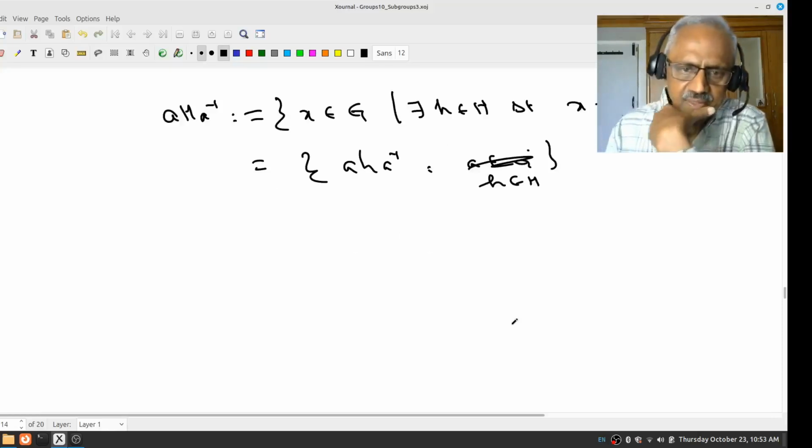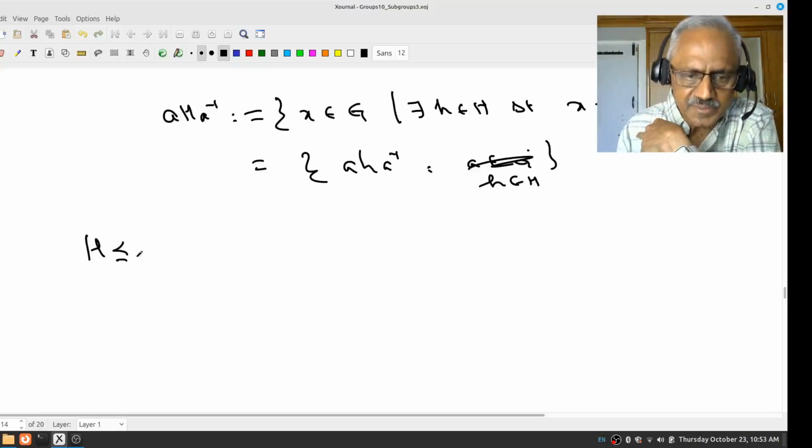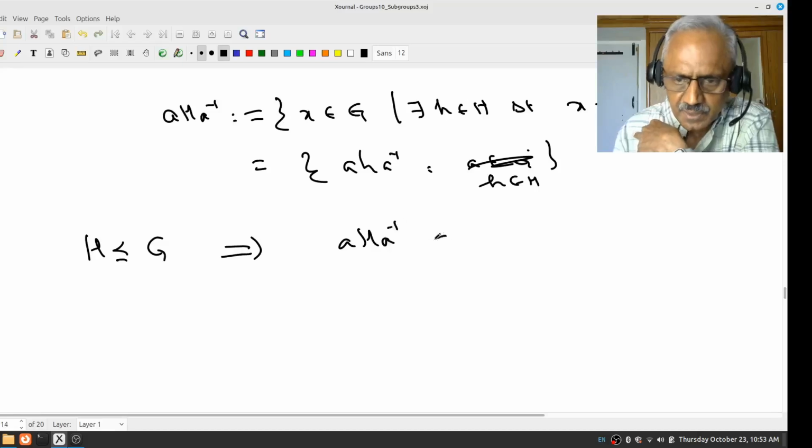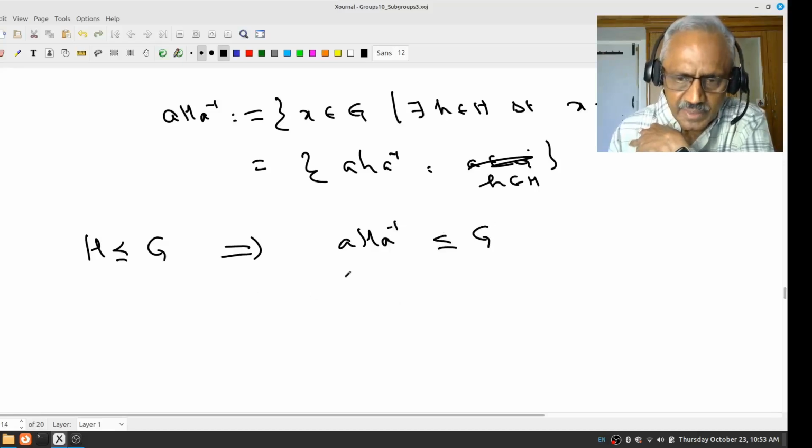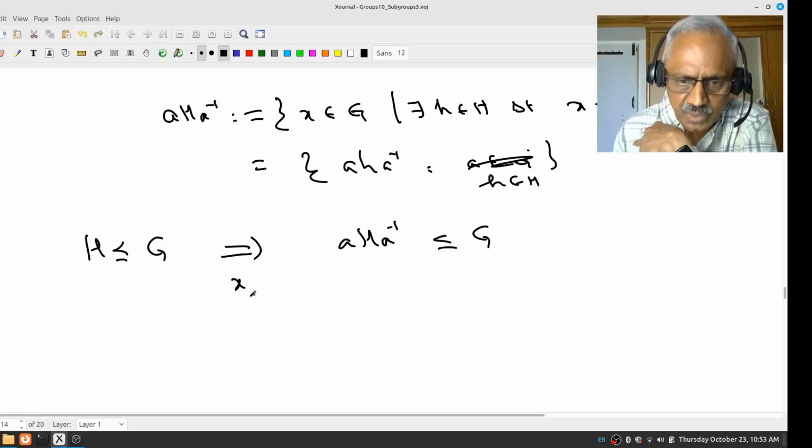Now what I claim is if H is a subgroup of G, then aHa inverse is also a subgroup of G. It's very easy. Why? Because take any two elements x1 and x2 in aHa inverse.